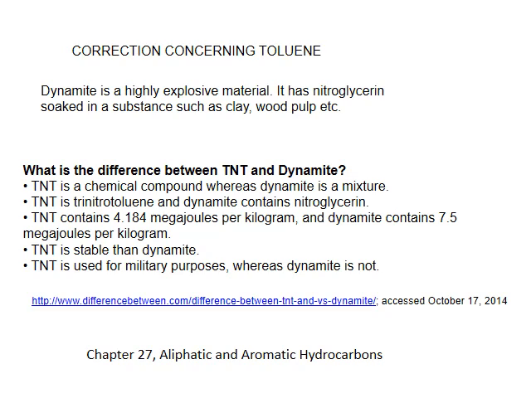TNT is more stable than dynamite, and TNT is used by the military because it is more stable. Okay, so I don't mean to make a big deal about it, but I had called TNT dynamite in the preceding slide, when in fact TNT is a chemical and dynamite is a mixture. So hopefully I've clarified that now.